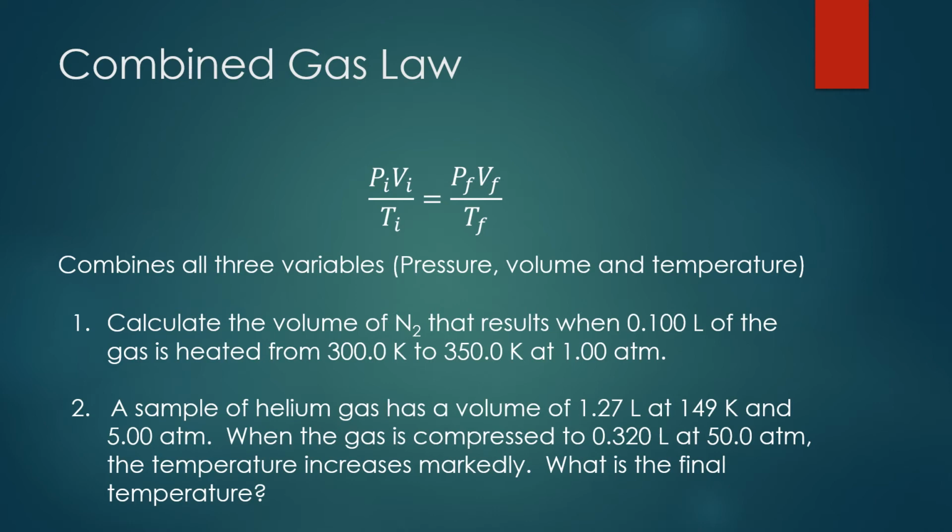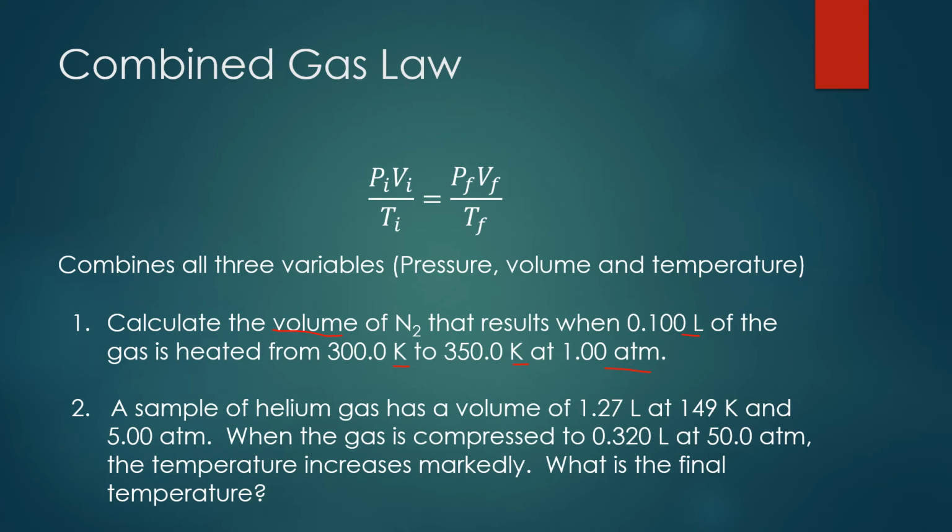I just want to point out how you'd recognize that these are for the combined gas law. We have a volume, we have 2 temperatures, and we have a pressure that's the same on both sides, and we're asked to solve for a volume as well.